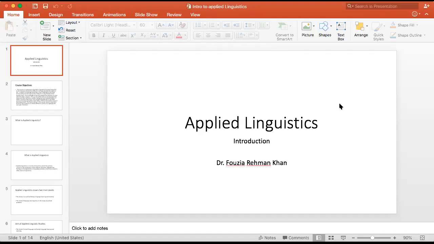Whereas there are some other researchers who believe that applied linguistics deals with language problems, whether they are related to language teaching or learning, to psycholinguistics, or to sociolinguistics, the way language works in society, or to critical discourse analysis, how a language has implied meaning.